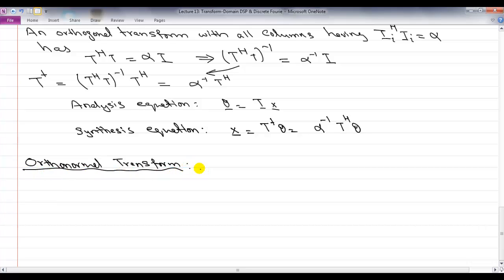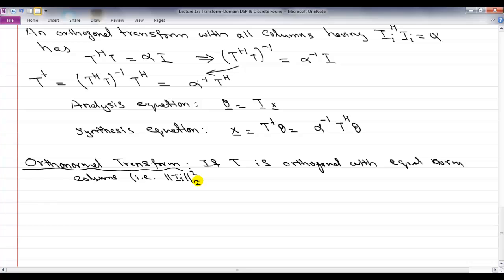Which, as the name implies, is an orthogonal transform if T is orthogonal with equal norm columns, i.e., so this is the definition of the 2 norm, which is simply defined as Ti Hermitian Ti.